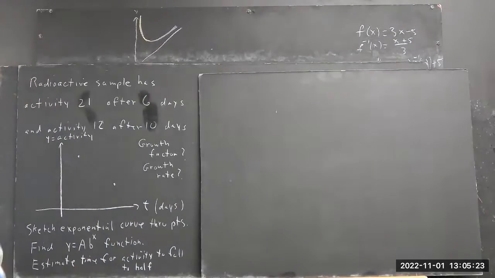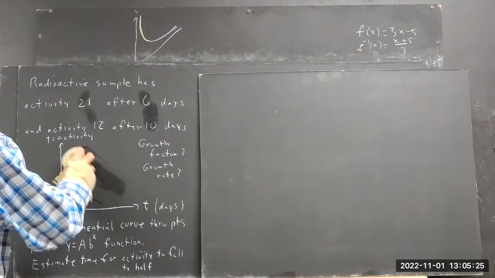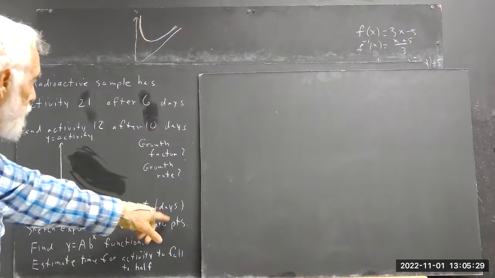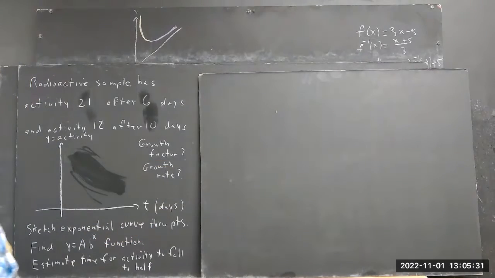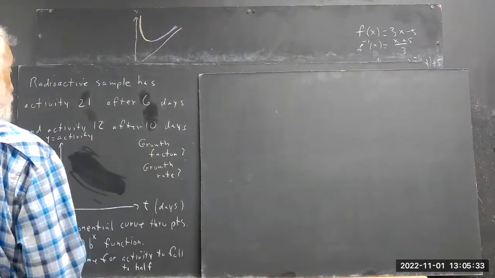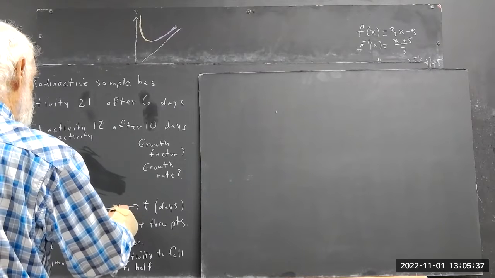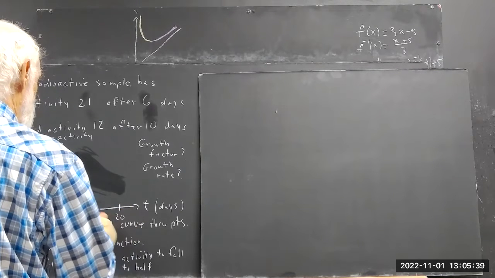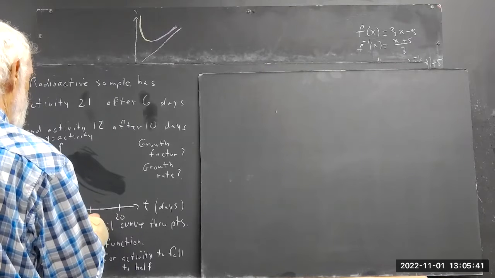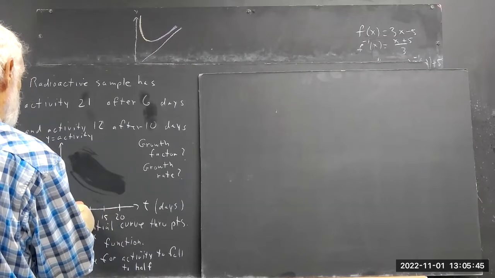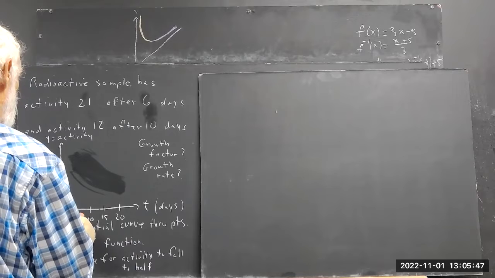If I put this information on a graph of y equals the activity versus t measured in days, then what do I need? I need 21 days out. So I'm going to put 20 here. So 10 goes here, 15 goes here, and 5 goes here.